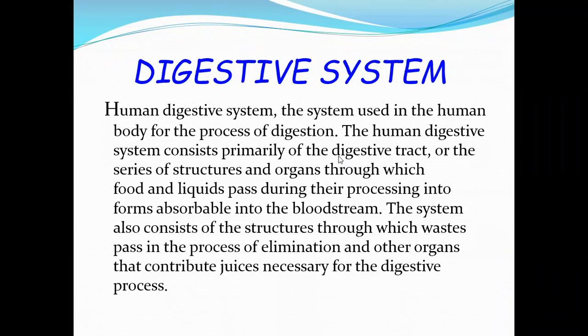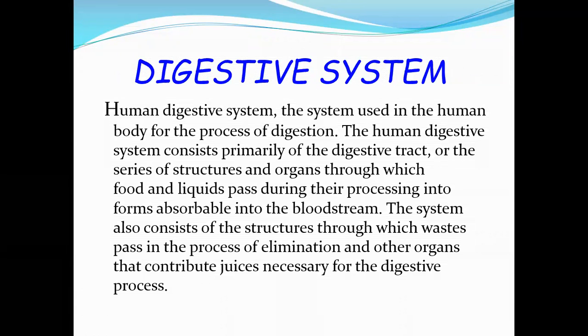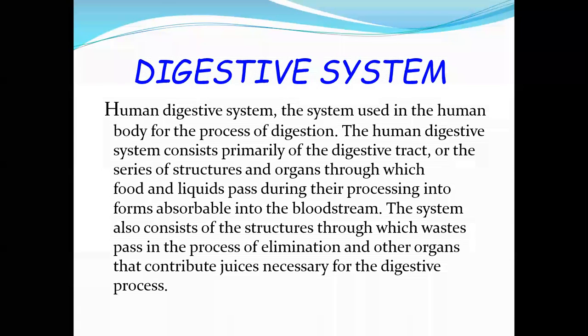There are many steps, and we will study these steps. The digestive system breaks food down into chemical nutrients that body cells need for energy, growth, and repair. How does digestion happen? Digestion happens in two ways, either mechanical or chemical.